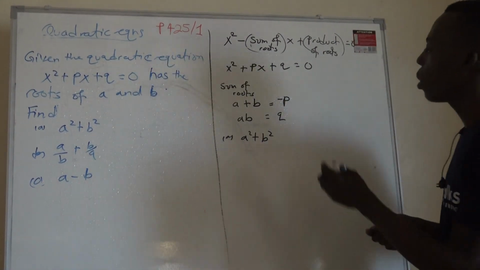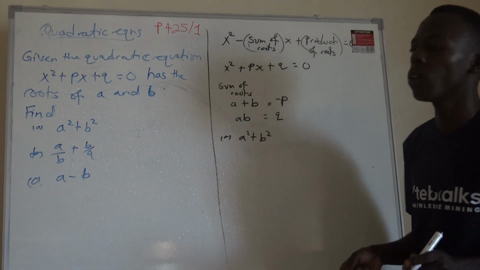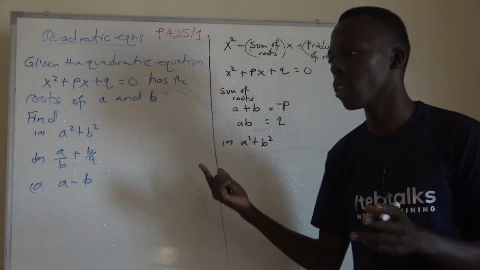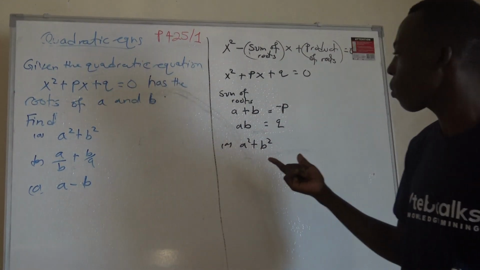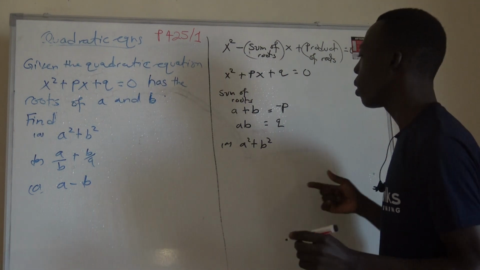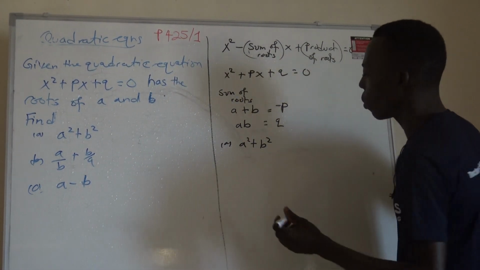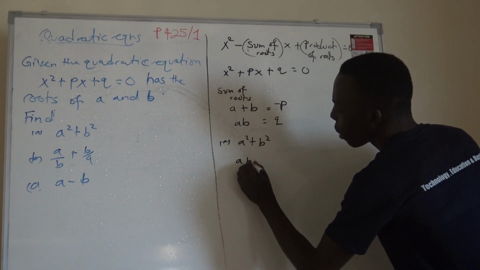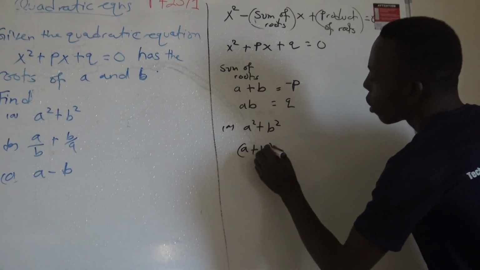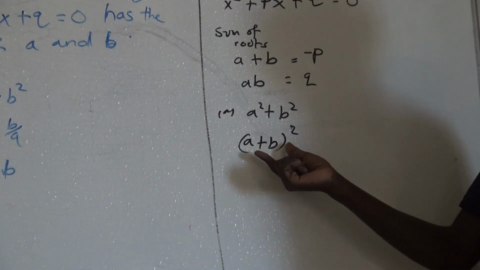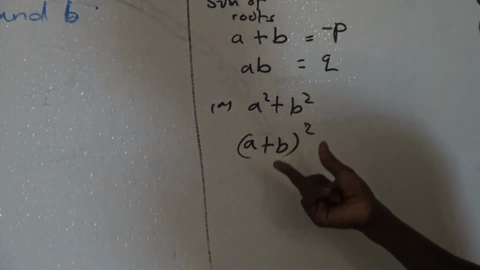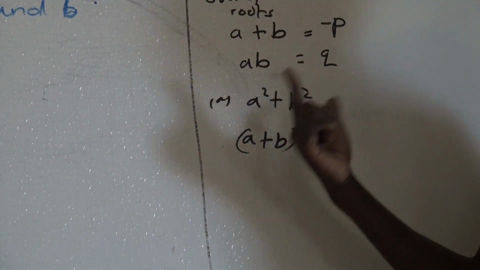What we do, we have to first expand this. We see how this one can be expanded. So how do we expand this? We know we must start from what we know. It is a plus b. So this one can be expanded, but this one cannot be expanded. So we start from what we know, what we can expand.